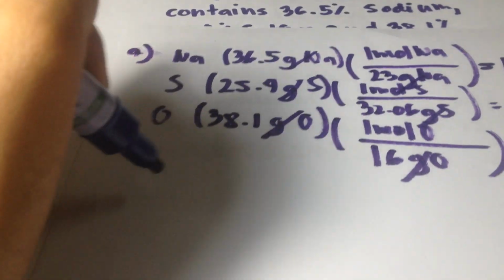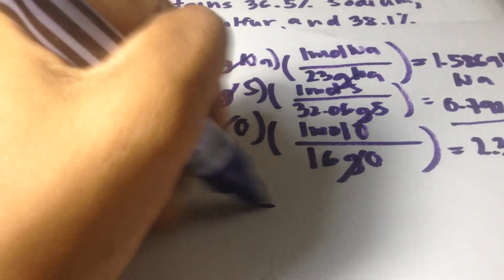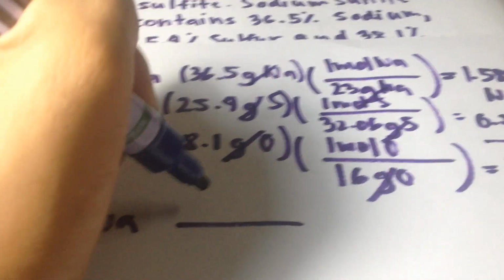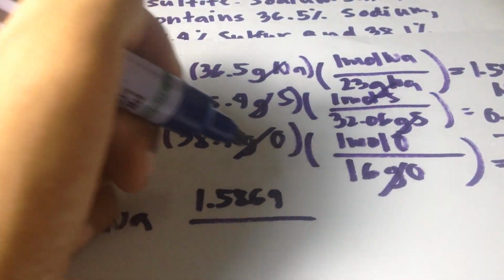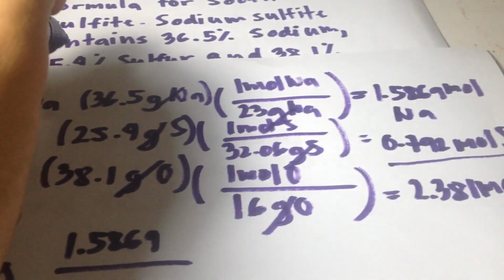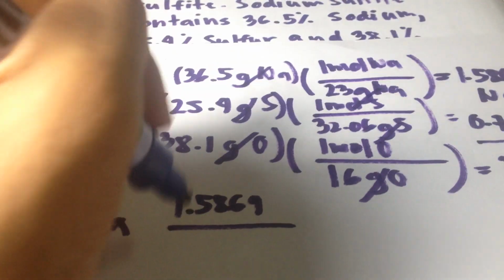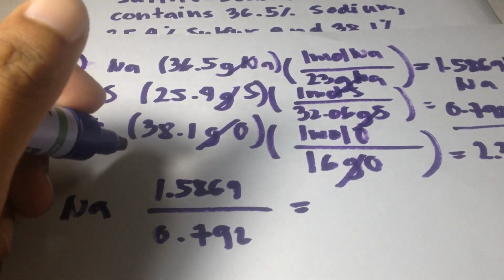So, we need to find the ratio. Let's begin with sodium. Sodium has 1.5869, and we divide it by the smallest moles, which is the sulfur, 0.792.